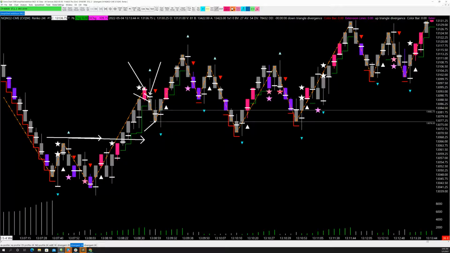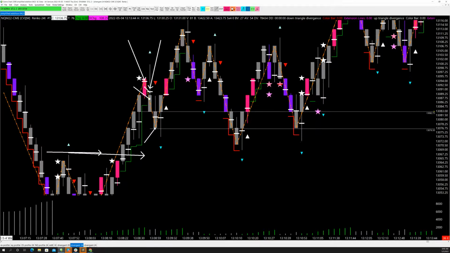So if you entered at 13,082.75, your stop should have gone to 88.75. That's usually how it works out every time. So this ended up being a break-even trade, right?